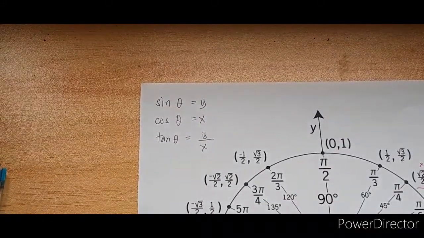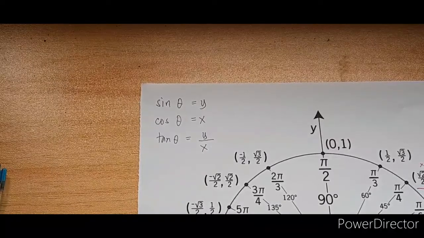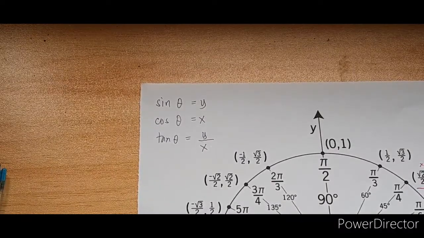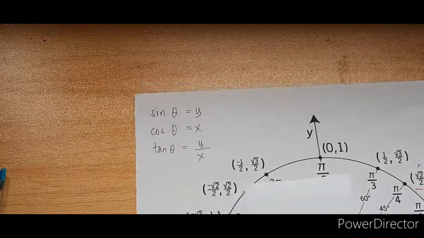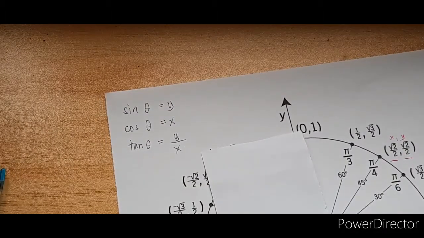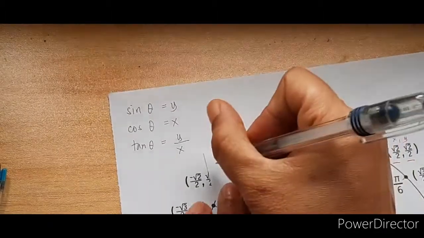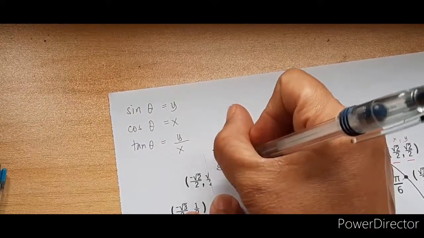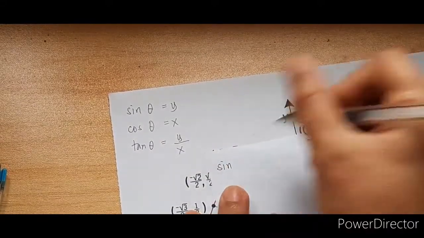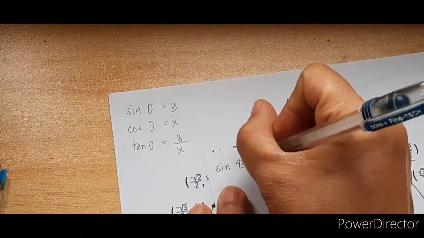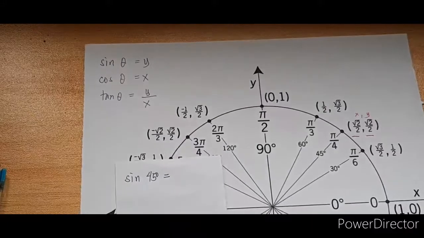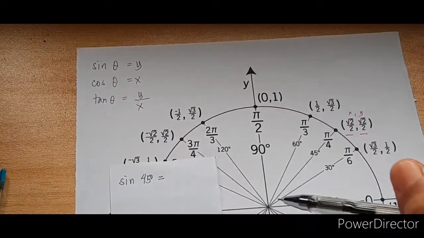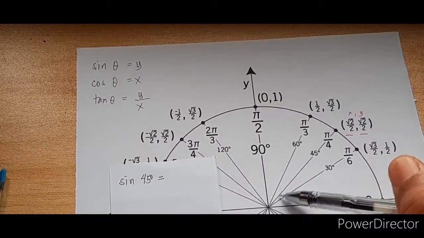Okay, so if you cannot remember anymore, then I will give you some examples. Let me just get some scratch paper. So if we are going to look for the trigonometric ratio of sine 45 degrees, we look for the coordinates of 45 degrees.